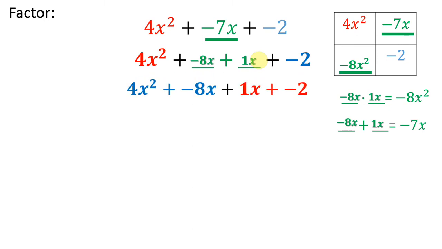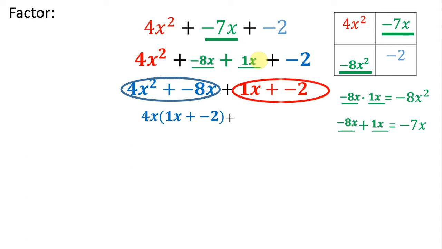What will I do next? I'm going to factor out the greatest common factor of my first two terms, bring down my plus sign, and then factor out the greatest common factor of these two terms. Notice that 1 and negative 2 has only a 1 that can be factored out.